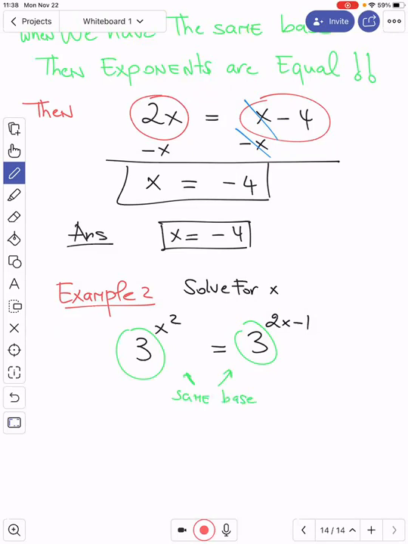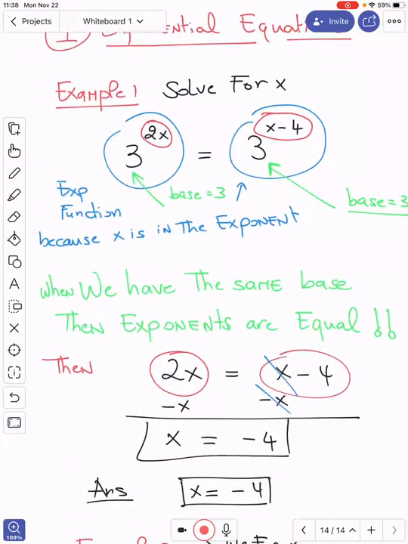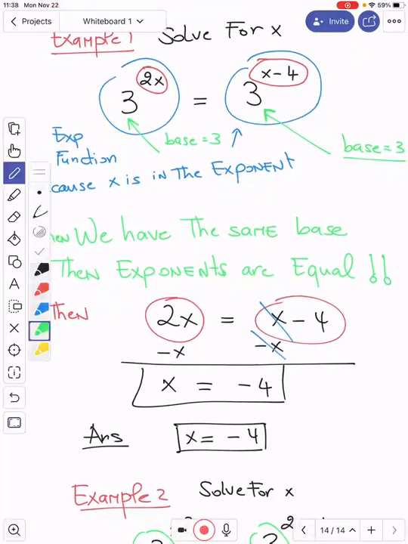What happened to the 2 in the first problem? Did I forget some 2? Where is it? You mean the 2x? Here's my 2x equal to x minus 4, but then when I subtract x from both sides, 2x minus x, that's 1x. You're talking about this 2x, right?